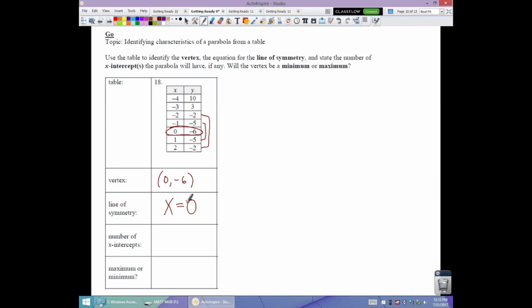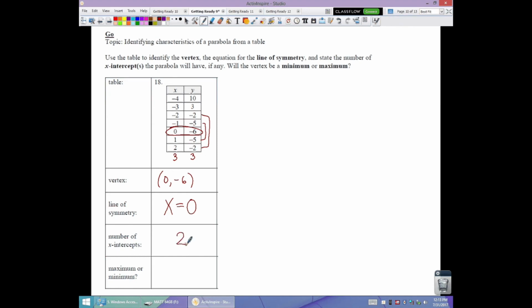The x-intercepts, now granted there are none shown in the table, but if these values go from positive down into the negatives and then start going back up, and they're going to, even if I showed one more box in the table, at +3, the y value would be 3. Somewhere between -2 and -3, somewhere between 2 and 3, I do cross over the x-axis.